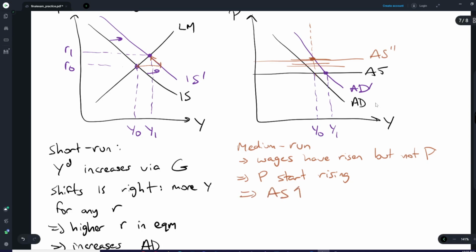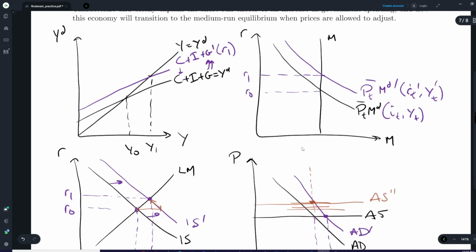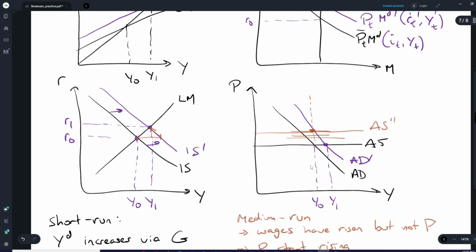So aggregate supply increases, P increases. So this means that money demand or price is going to increase further, right? The prices rising are like monetary contraction. So we have a new PTMD consistent with an even higher level of interest rate. And that means the LM curve is shifting back up, right?